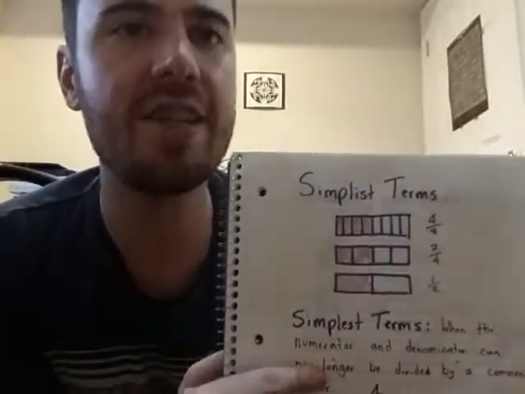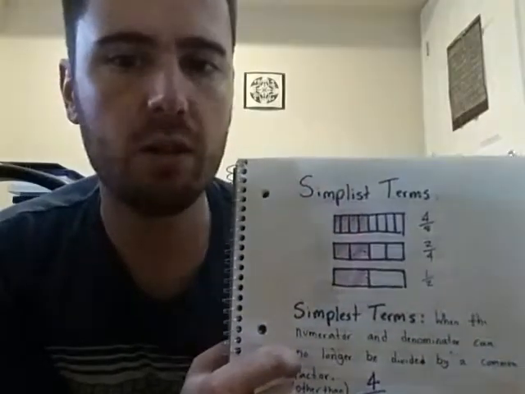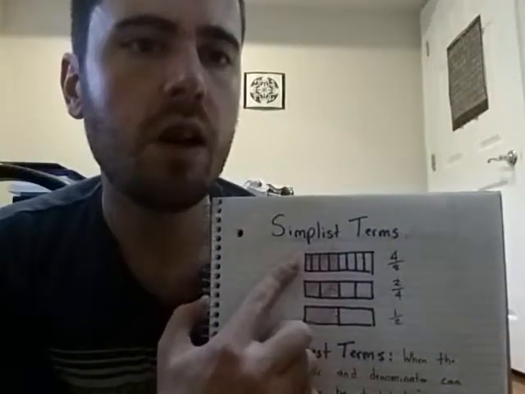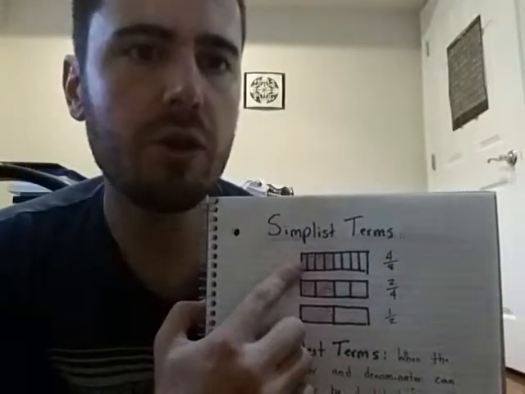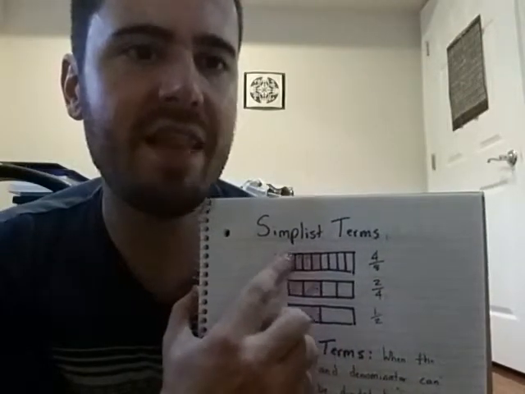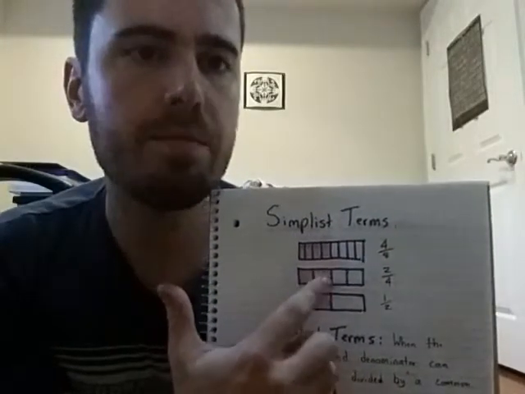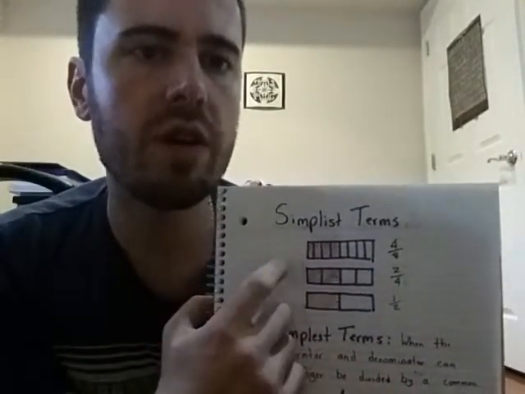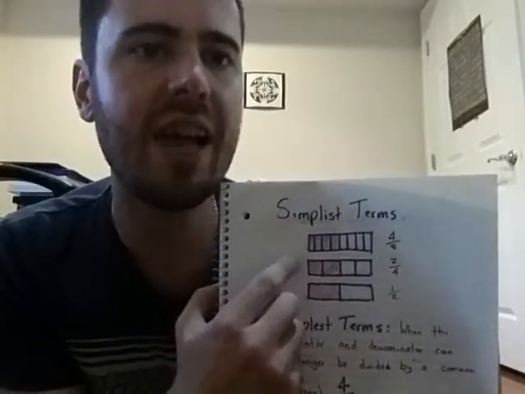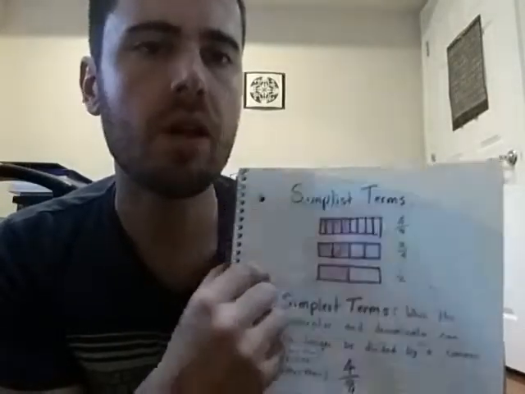So if we look here at 4/8, we can divide it by 2. We can divide the 4 by 2, and we get 2. 4 divided by 2 is 2. And that doesn't change the fraction amount. We still have the exact same portion of the fraction.